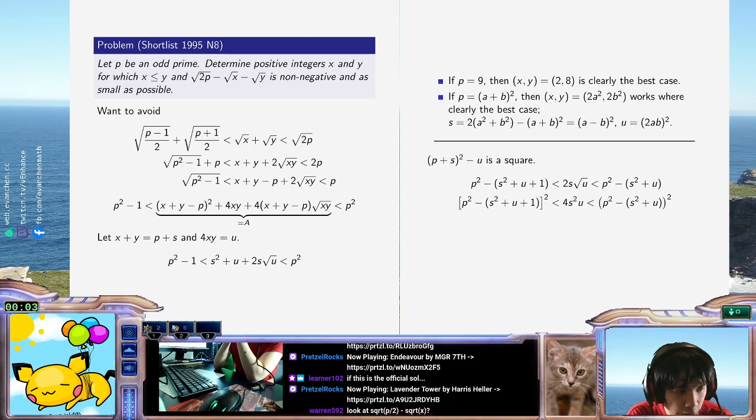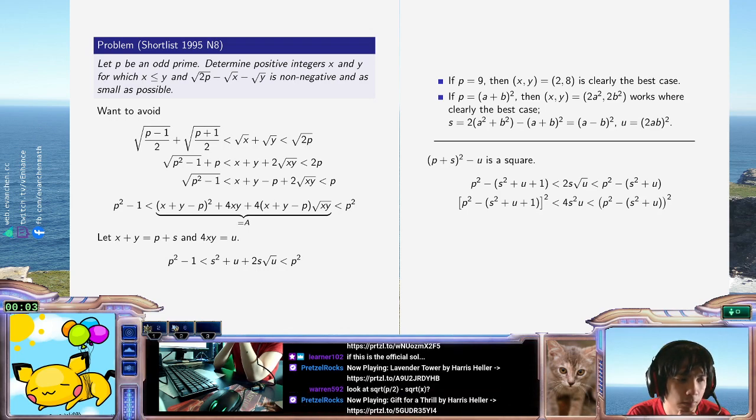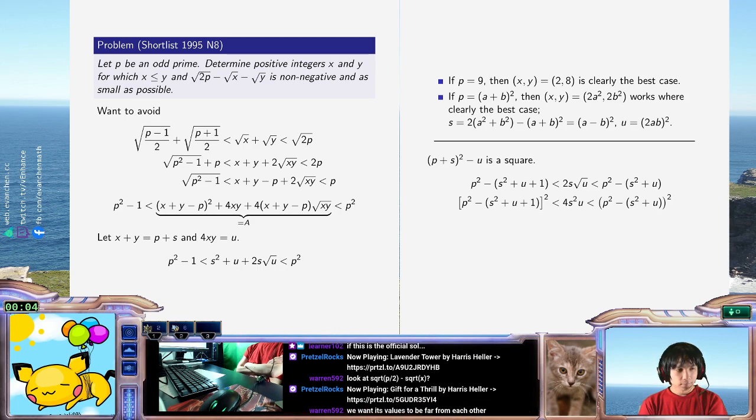Look at root p over 2 minus root x. What does that do? Want its values to be far from each other? Do we?